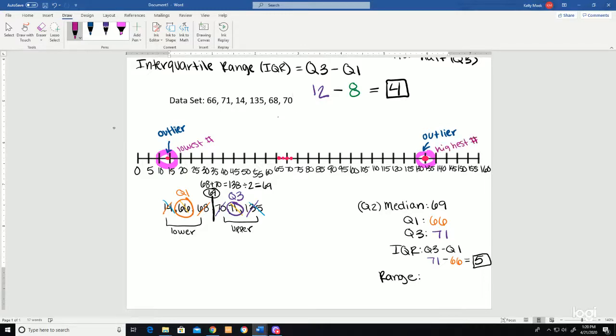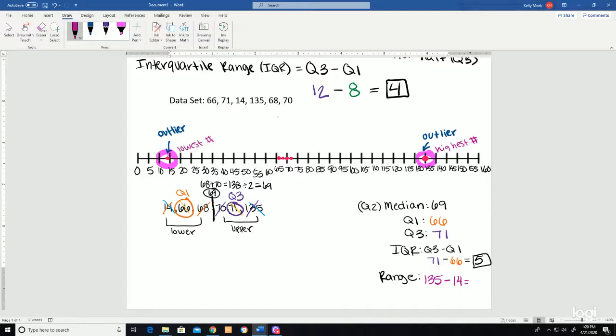So what I'm going to be doing is subtracting my lowest number, 14, from my highest number, 135. That is going to give me the range, which is different than the IQR. The range is overall, all the data, how much is it all spread out.